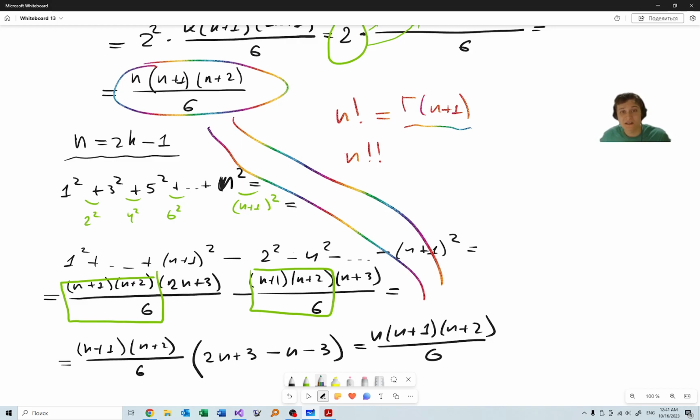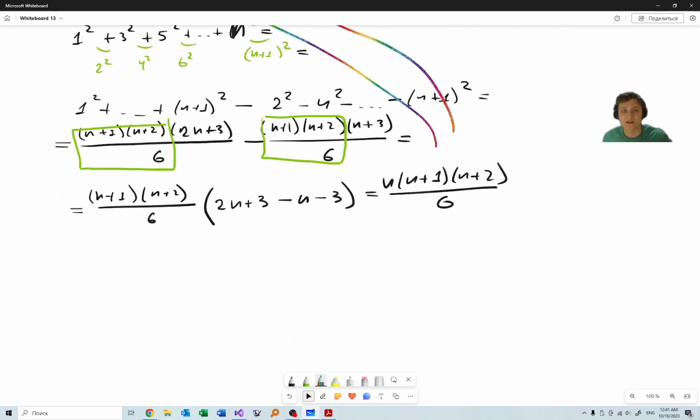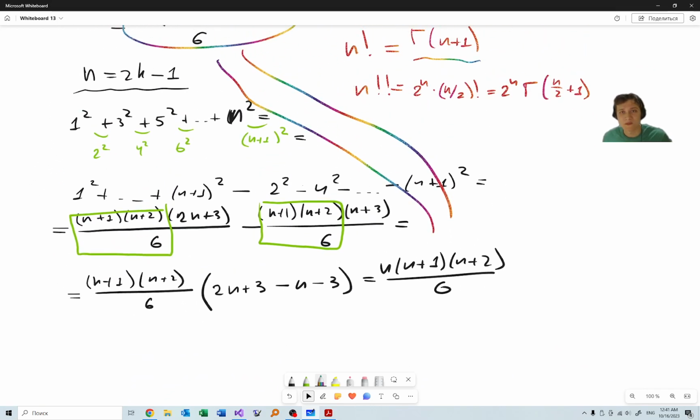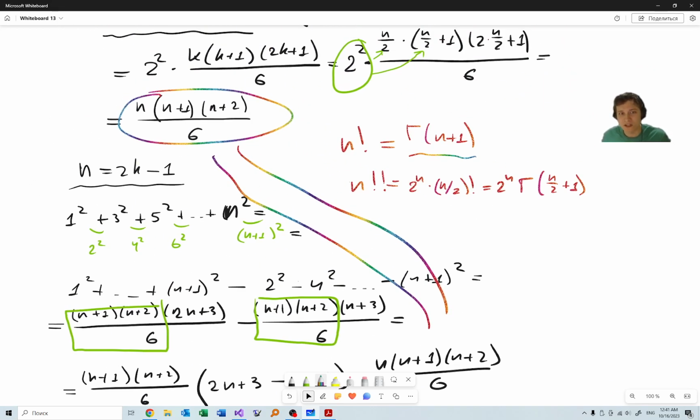So if n is even, this is simply 2 to the nth times n half factorial, and we get this nice formula with one gamma function. But if n is odd, then this is a bit gross. There are two gamma functions in this representation. So, for example, in this case, even and odd cases are vastly different.